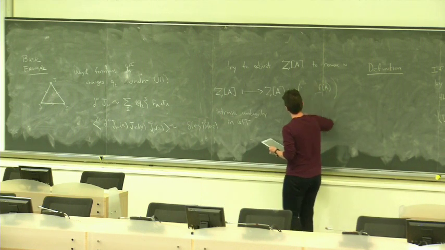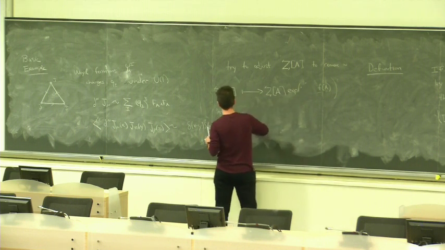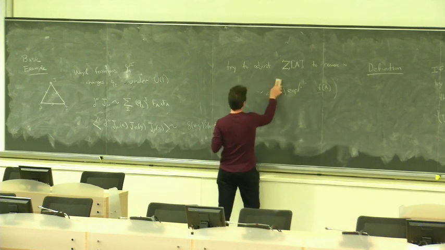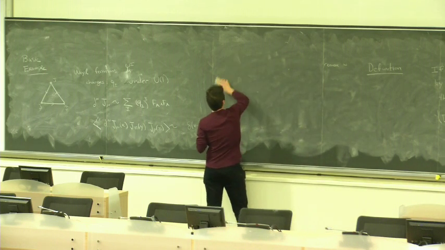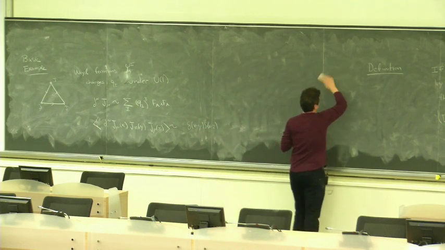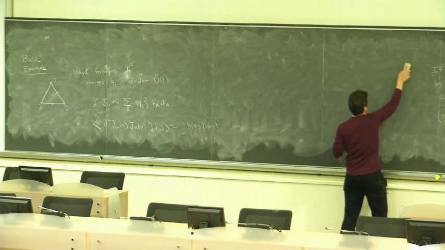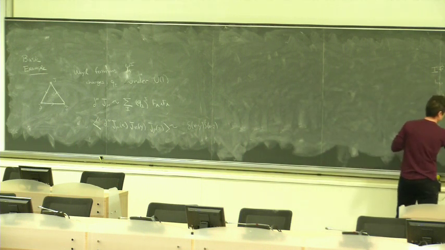Okay, so why care about anomalies? As I've defined them so far, they seem mostly like a nuisance. And what I'd like to do for the last part of this lecture is to convince you that anomalies are very useful.